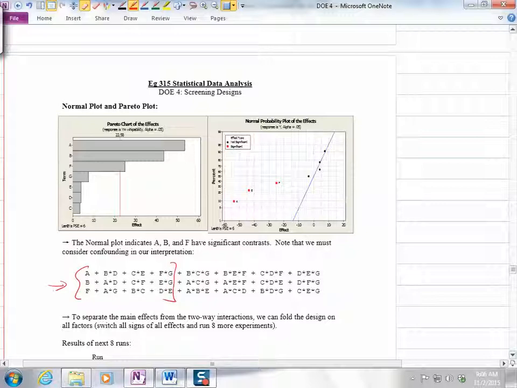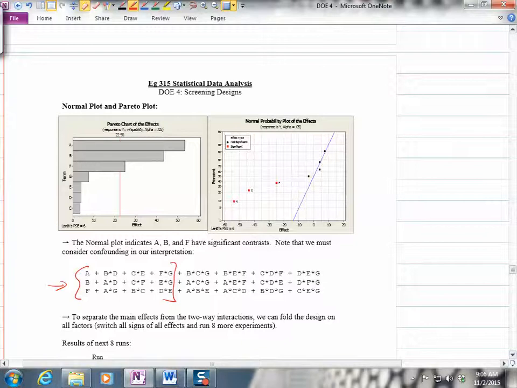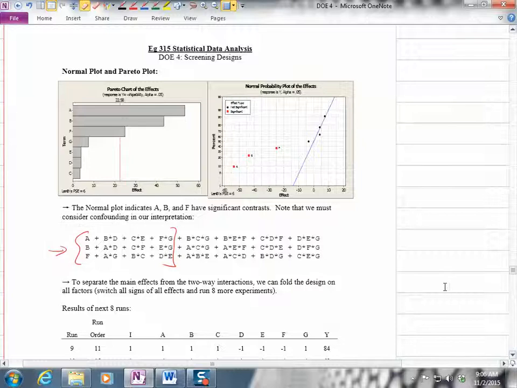And because you've got 3 main effects, we ended last class talking about how that makes you worry a little bit that there's an opportunity for a lot of 2-way interactions between these factors A, B, and F. So more runs is sort of warranted because we don't know really what's happening.